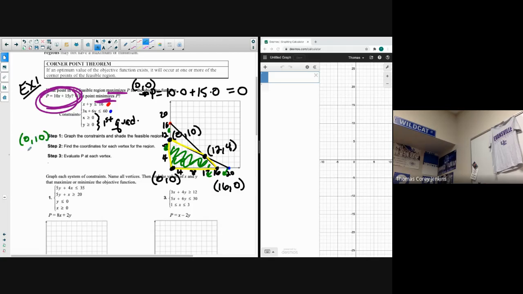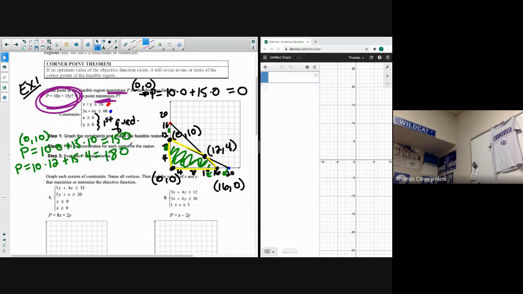Then P would equal 10 times 0 plus 15 times 10, so that would be 150. Then we're going to test (12, 4). That'd be 10 times 12 plus 15 times 4. That's 120 plus 60, so that'd be 180.